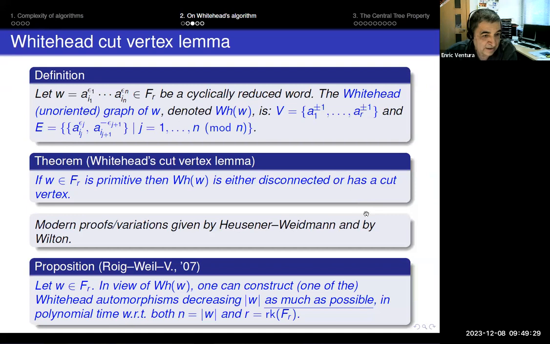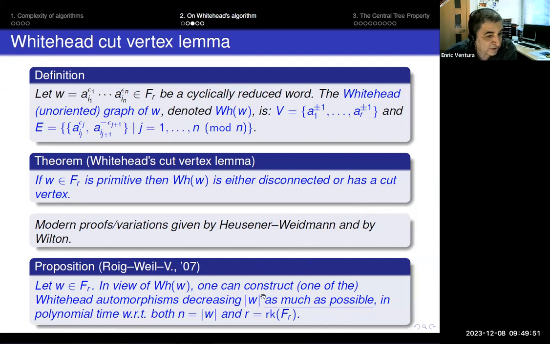Okay, let me talk about two specific improvements of these classical results. Together with my co-authors Pascal Weil and Abdó Roig in 2007, we did the following improvement, looking carefully at the Whitehead graph of your word.